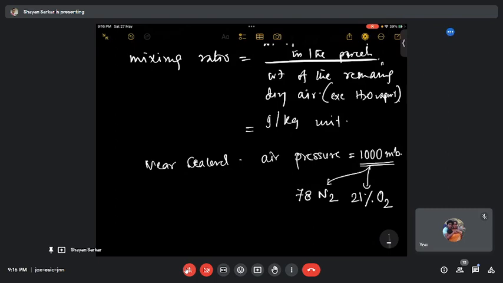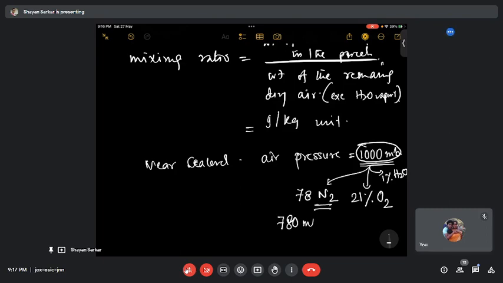So out of this 1000 millibar pressure, nitrogen contributes 780 millibar, oxygen contributes 210 millibar, and ultimately water vapor contributes 10 millibar.